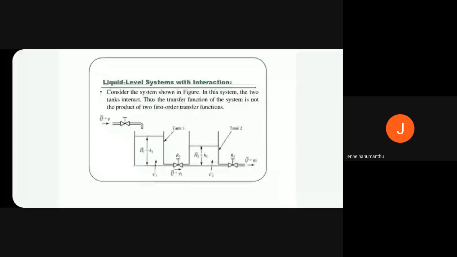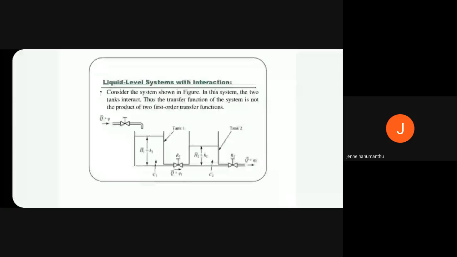Remember, in tank 1 we have some capacitance C1. In tank 2, capacitance C2. Between tank 1 and tank 2, the resistance is R1 and the flow rate is Q. In tank 2, there is a water level, the outlet is R2, and the outlet flow rate is Q. So we are defining some parameters for tank 1 and tank 2.